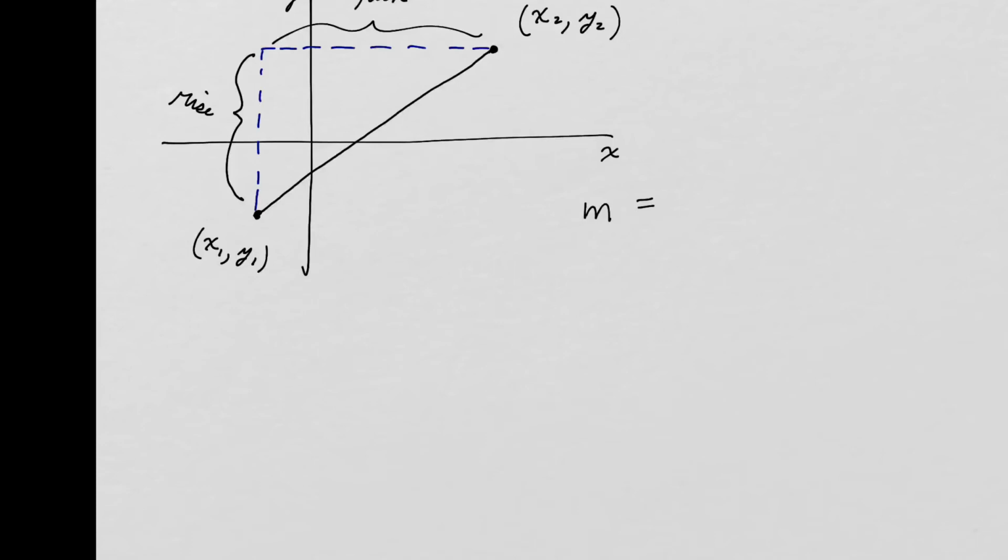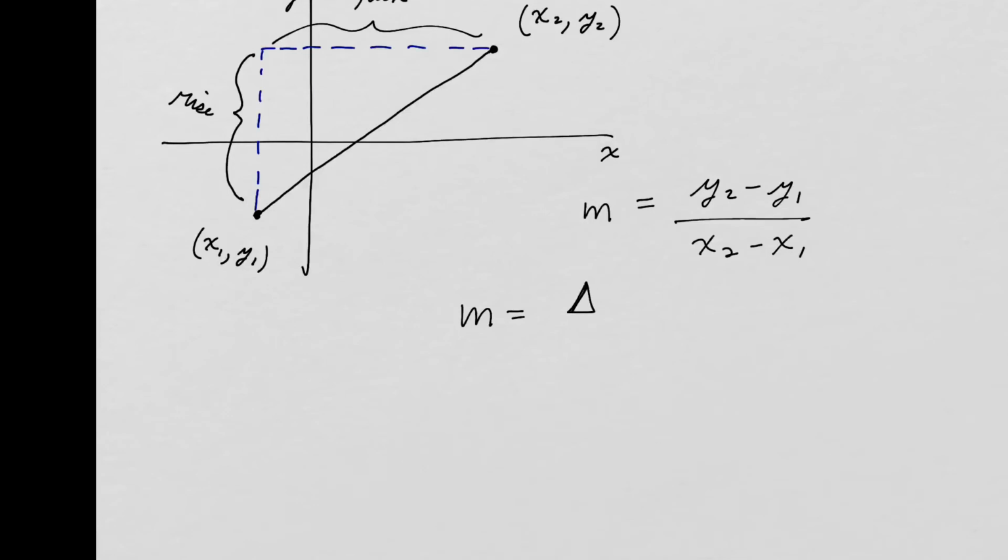So to compute the slope, there's several ways we can write this. We can write it as y2 minus y1, so the change in the y values, divided by x2 minus x1. Some people will call that difference delta y.